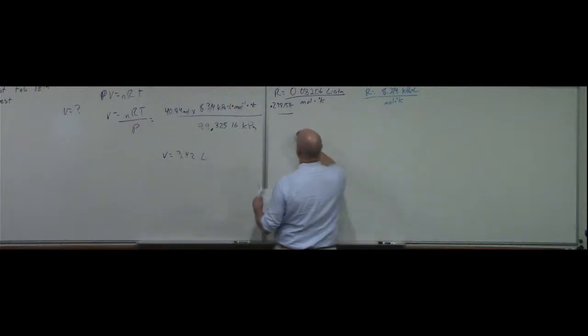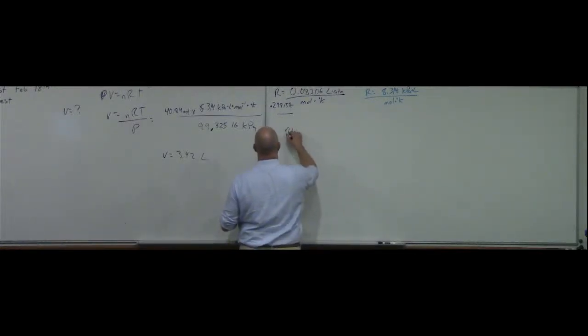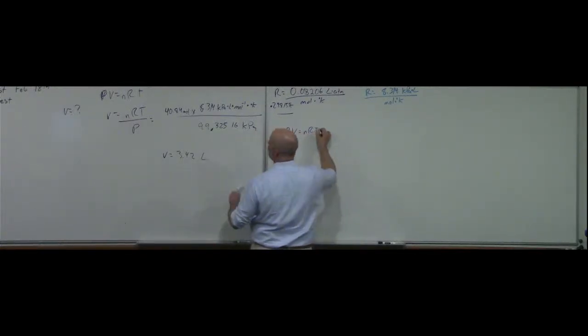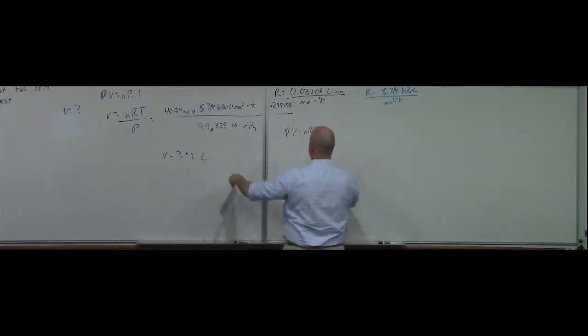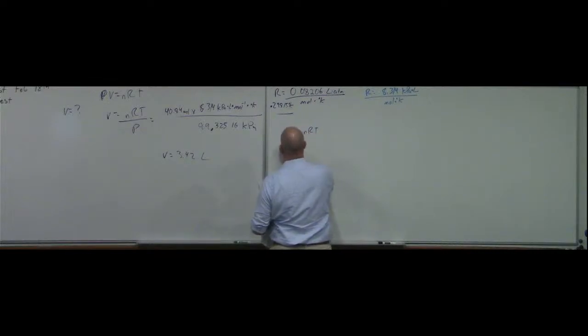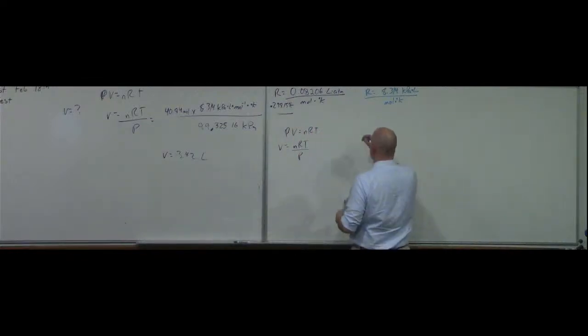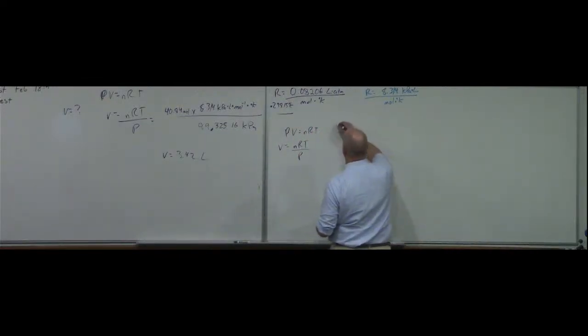Okay, so we know PV equals nRT. We are solving for volume, right? So volume equals nRT over P. The first thing we want to solve for is our number of moles.